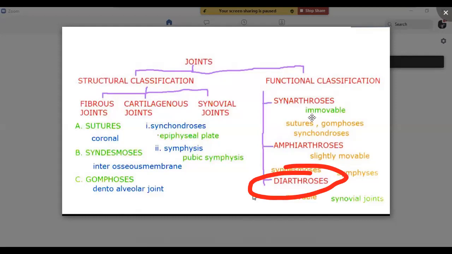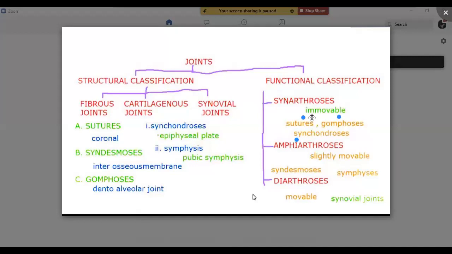Next, let's come to the examples. For synarthrosis, the immovable joints, we have sutures, gomphosis, and synchondrosis, which are not at all movable. So the coronal suture, dentoalveolar joint, and epiphyseal plate are immovable.